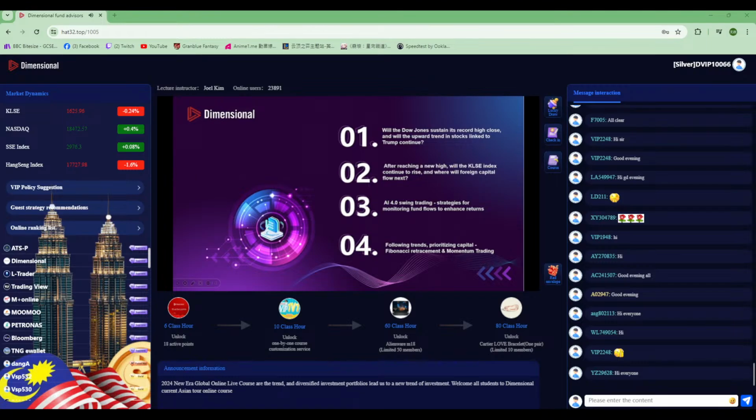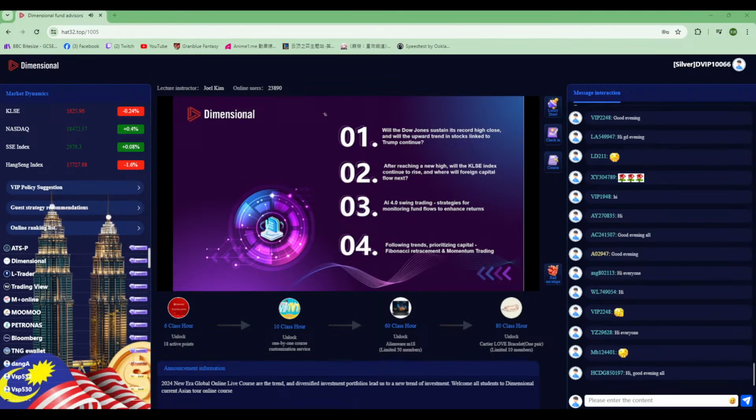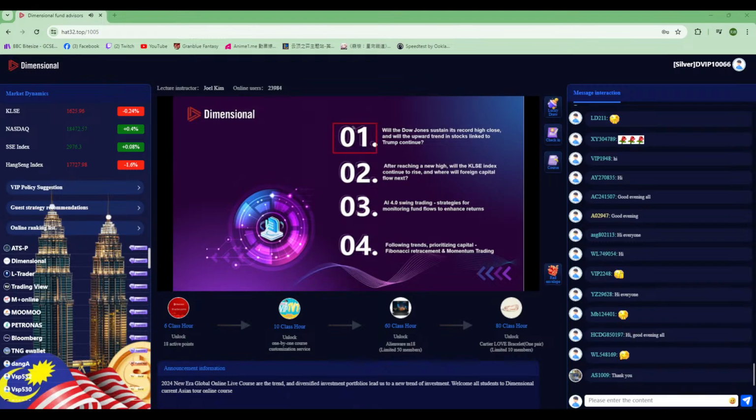Okay, all right. Now, let's look at what we are going to cover for today. First thing, where the Dow Jones sustained its record high growth and whether the upward trend in the stocks linked to Trump will continue going up.